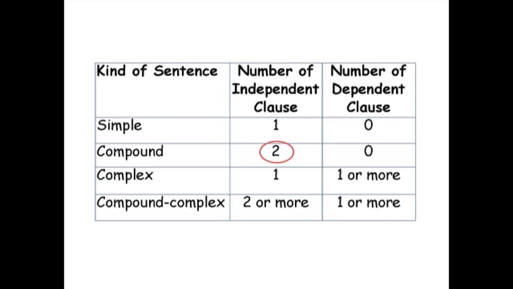This now need two independent clauses, but then again, no dependent clause. Next, complex sentences need one independent clause and one or more dependent clauses. And finally, compound complex sentences need two or more independent clauses and one or more dependent clauses also.